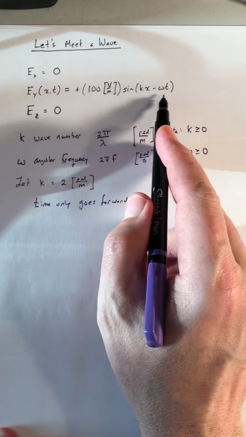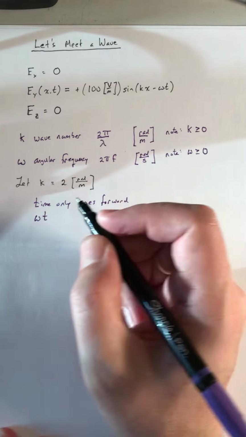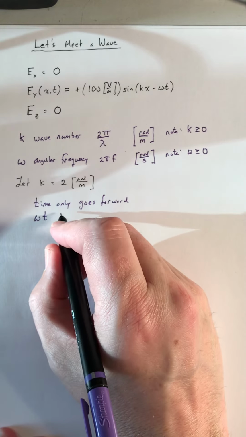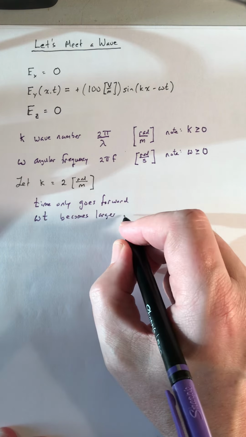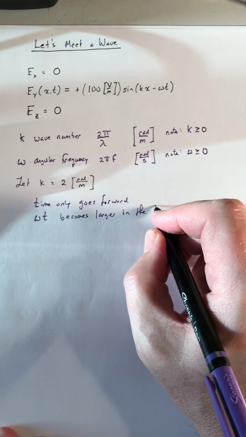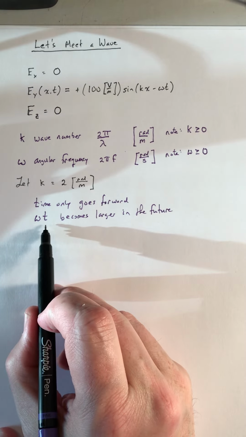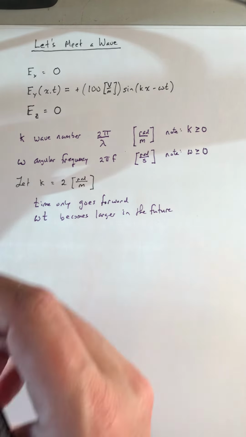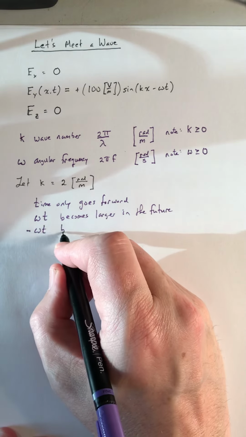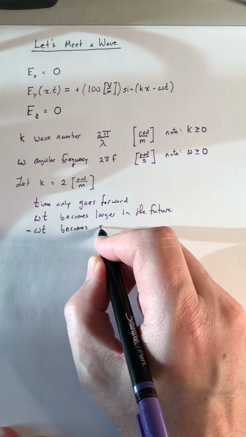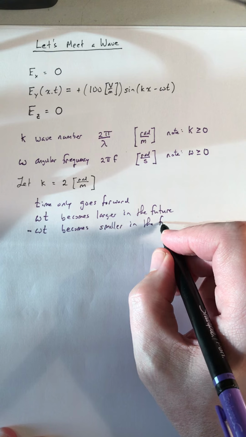So out of this argument in the sine function, omega t becomes larger in the future, because omega is positive and t gets bigger in the future. So minus omega t becomes smaller in the future.